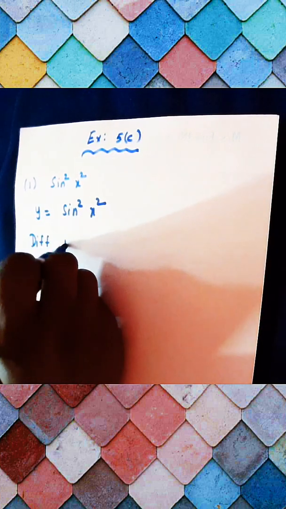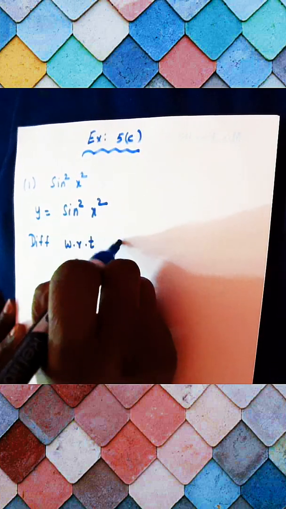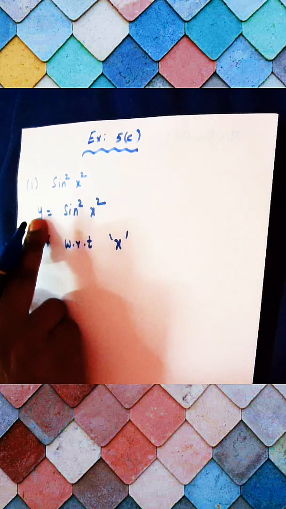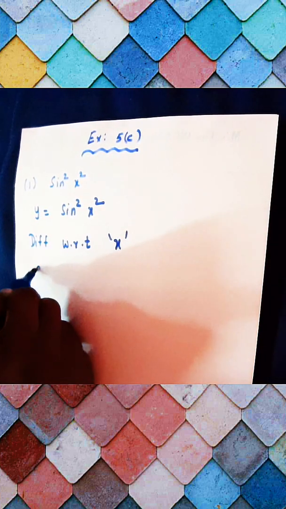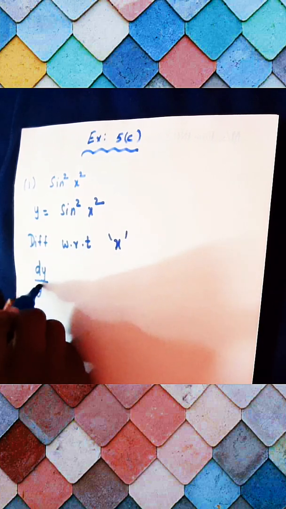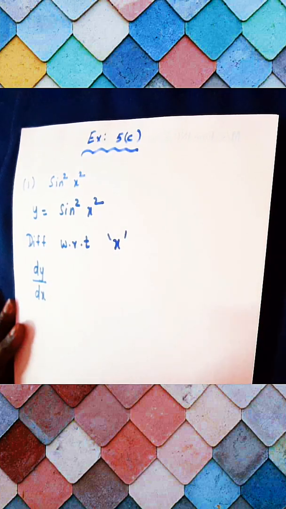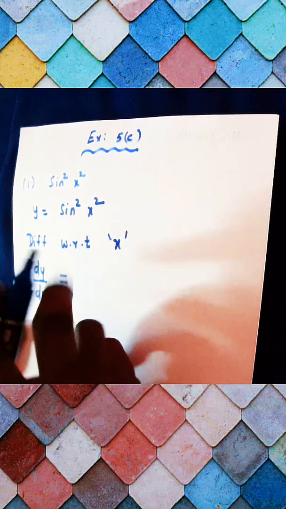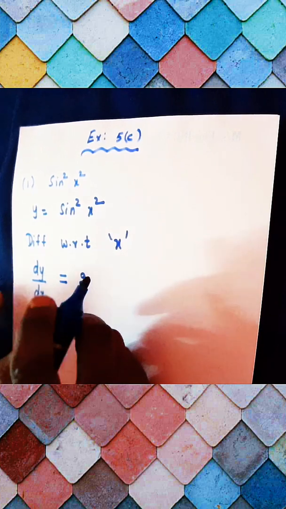Differentiate with respect to x. Differentiation of y with respect to x is dy by dx, which is equal to, applying the power rule. What is the power of sin here? 2. So n is 2.